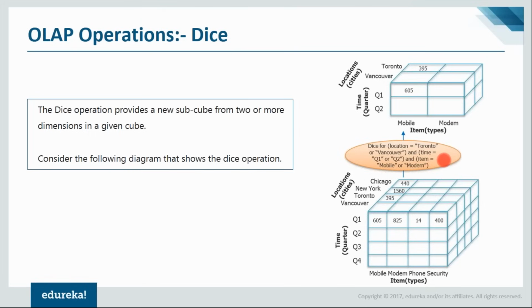And the item is the third dimension which we are dicing, for mobile or modem. Here we have mobile, modem, phone, and security, so these two are ignored, and we are dicing the item only for mobile and modem. If you see the x-axis, we have only mobile and modem, and after the dice, the y-axis has only Q1 and Q2, and the z-axis has only Toronto and Vancouver. So those are the three different dimensions that have been diced, right? If you get a new subcube by making use of two or more dimensions in your cube, then it's called the dice operation.